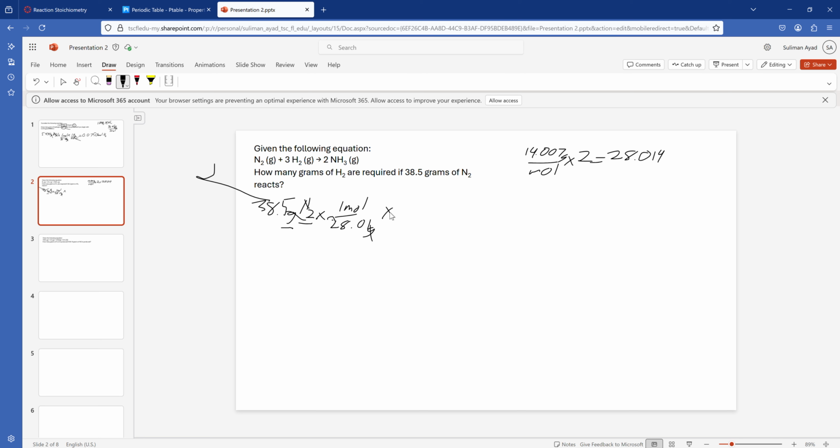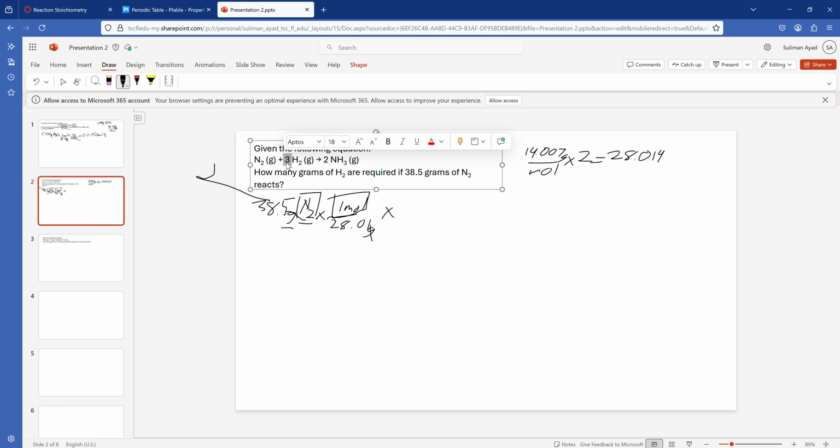Now, I have moles of nitrogen gas because I haven't crossed out the N2, and I have my moles here. And so I need to find something that's going to be able to convert nitrogen into some other element or compound. Here, it looks like I'm using hydrogen. And so the mole ratio between nitrogen and hydrogen is as simple as their coefficients.